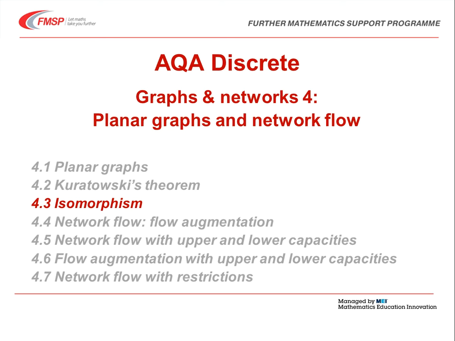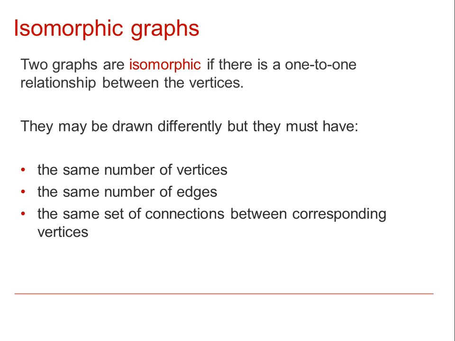This is a recording for AQA Discrete Mathematics, Graphs and Networks, section 4.3, where we're considering the idea of isomorphic graphs. We say that two graphs are isomorphic, in other words exactly the same, if they have a one-to-one relationship between the vertices.